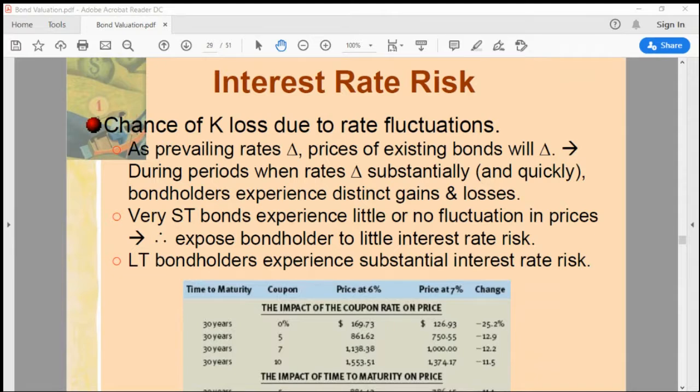For today's class, we're going to be talking about the interest rate risk or the maturity risk. In our last class, we discussed the strategy to maximize your bond return with the interest rate forecast.